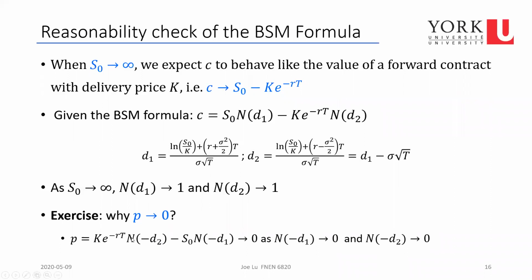That means this N(minus D2) and N(minus D1) are going to be 0. And so you have 0 here, a 0 here. That means your put price will be 0. So when S naught is approaching infinity, the formula does produce what we expected.